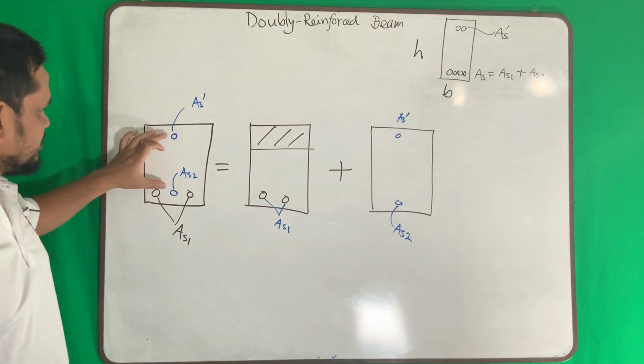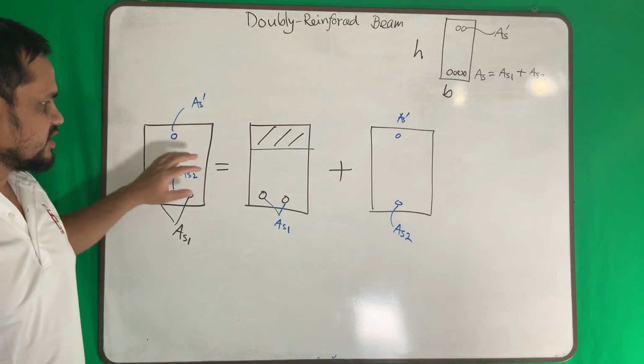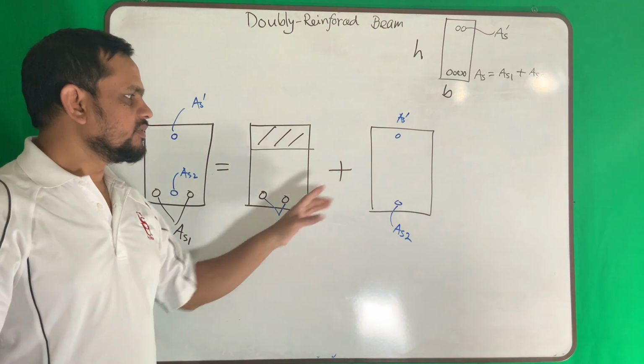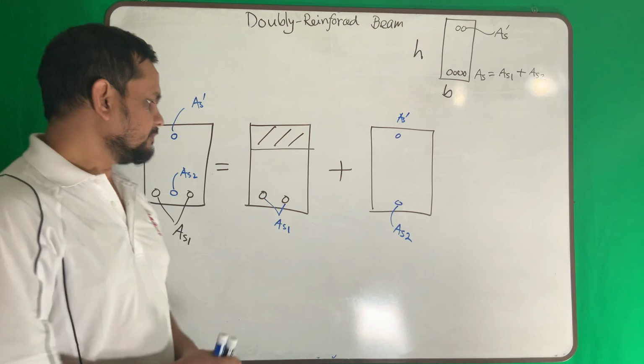I can split this reinforcement into separate beams. So this beam is actually the summation of this and this. Here is my rectangular beam. This is my double. The combination is the steel and the equivalent steel.